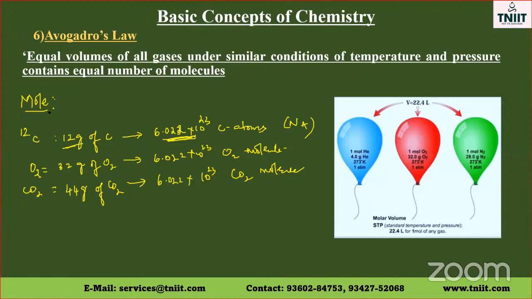Therefore, 12 grams of carbon is called 1 mole. 32 grams of oxygen also contains 6.022 into 10 to the power 23 oxygen molecules. Therefore, 32 grams of oxygen is also called 1 mole. 44 grams of carbon dioxide also contains 6.022 into 10 to the power 23 molecules, and is also called a mole.